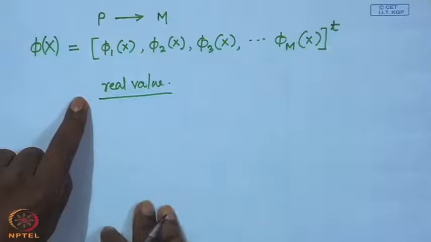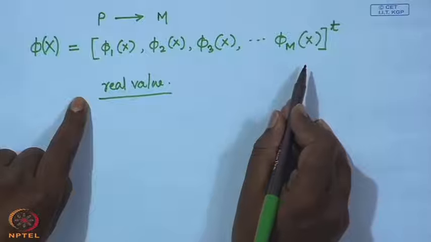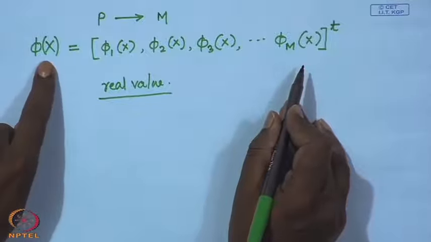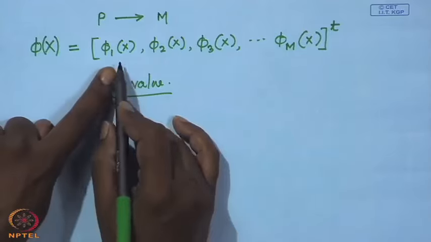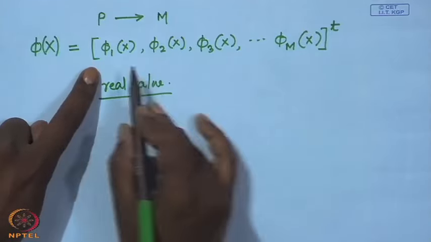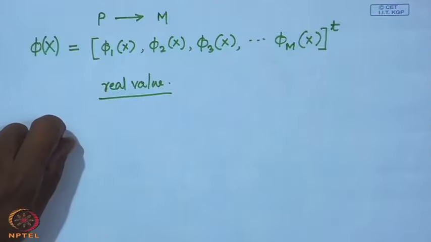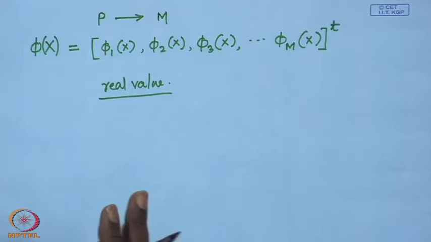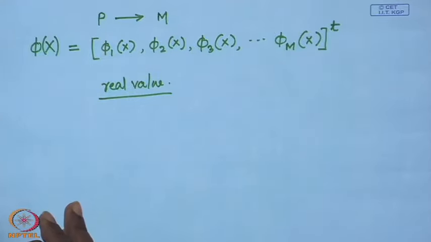So, by application of these phi functions onto the feature vector x, I create m real valued components. What I get is an m dimensional feature vector, and if m is greater than p, then obviously I am increasing the dimensionality of the feature vector from p to m.